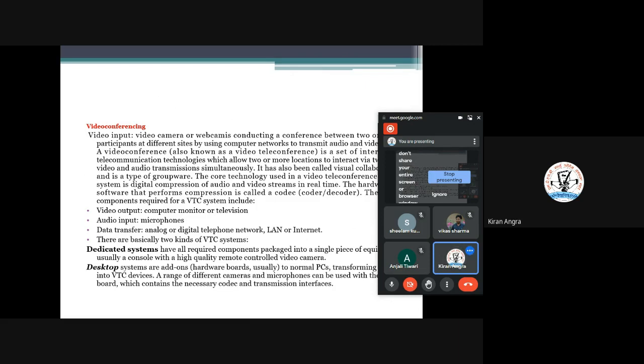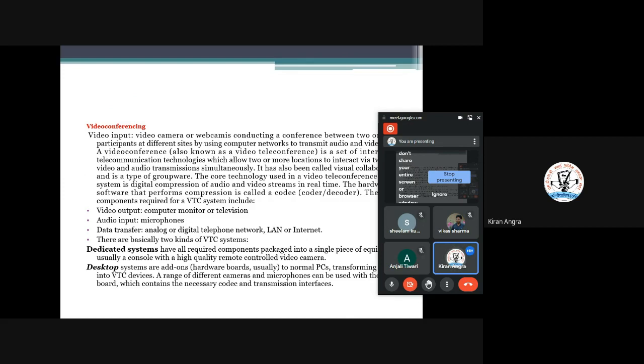These are the components of video conferencing, and this is one of the good things for two-way communication. You can see the advantages. There are dedicated systems in VTC technology, where everything I have talked about, video input, video output, audio input, and data transfer, is in one system, one console.